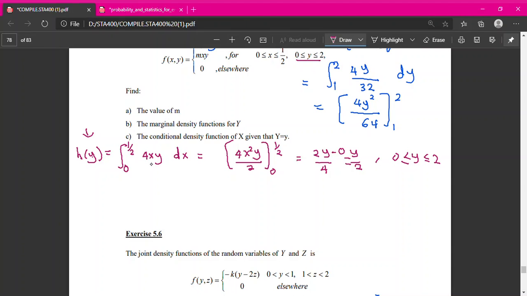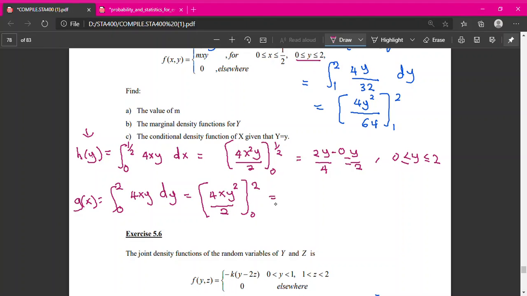Okay, bila nak dapatkan marginal untuk x pula, we integrate the same function, which is the joint PDF function with respect to y. So kat sini kena ambil interval untuk y. Then bila you integrate terhadap y, y square divide dengan 2, 0 and 2.